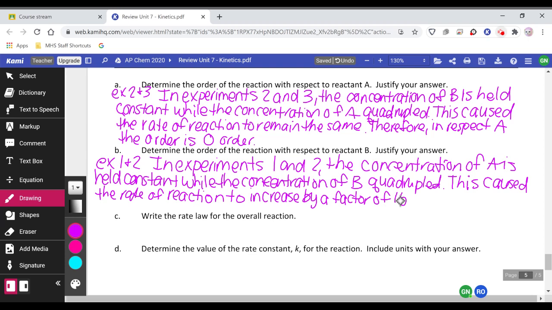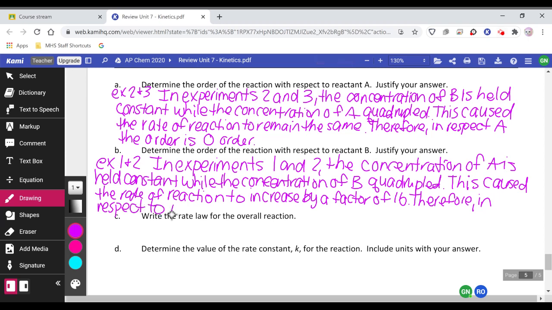Remember on that, if you're not sure by how much it increased, like I'm not really good at doing that in my head, you can take the higher value of the 2, divide it by the lower value of the 2, and get that factor of increase. Okay, since it was increased by a factor of 16, therefore in respect to B, what order are we?